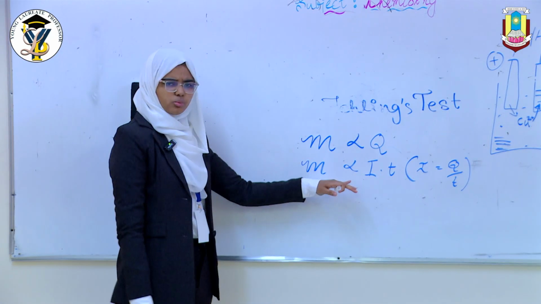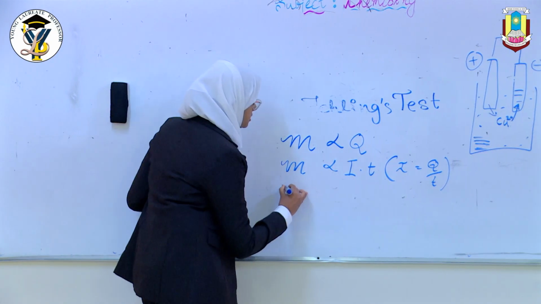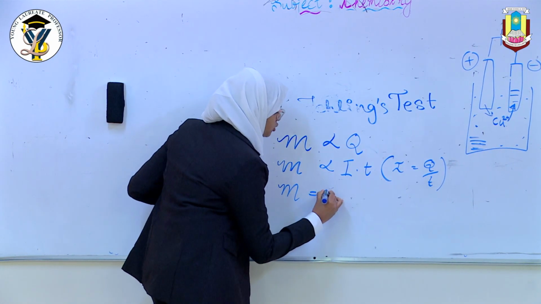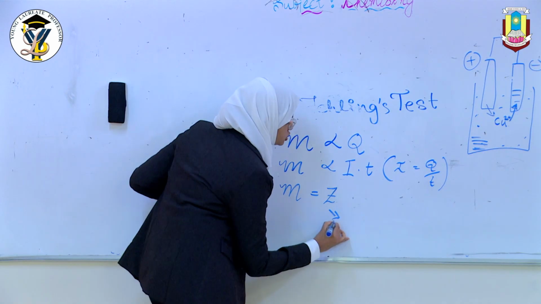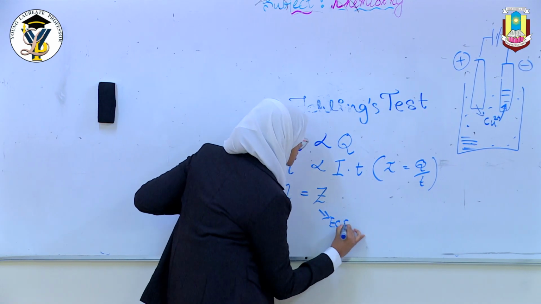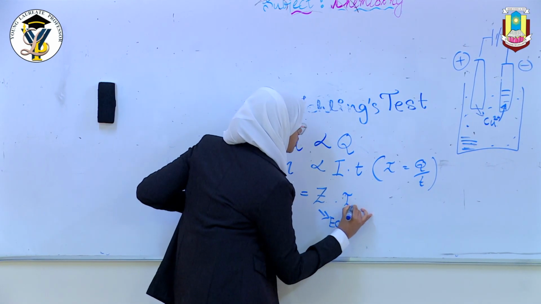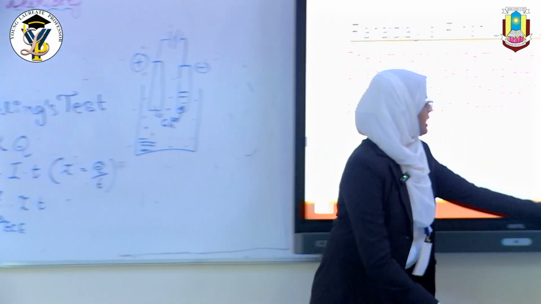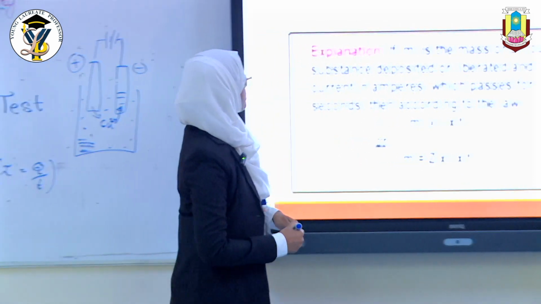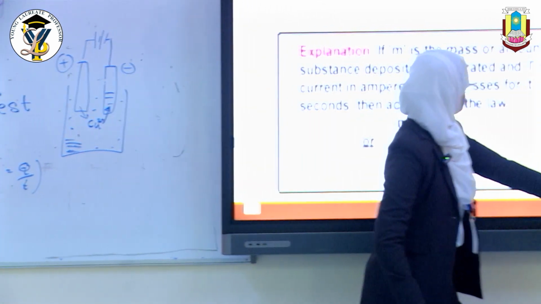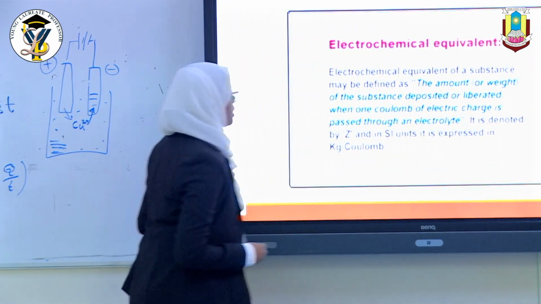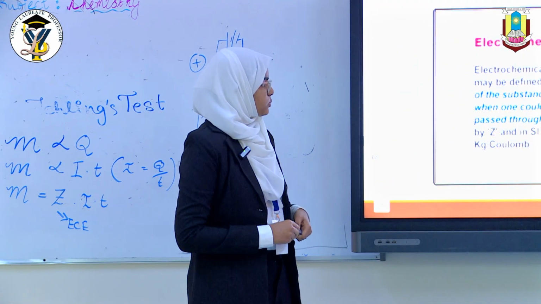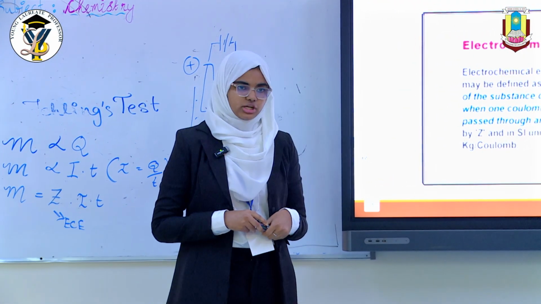We can remove this proportionality symbol by using a proportionality constant called the electrochemical equivalent. We can define this electrochemical equivalent as the amount of the substance deposited or liberated when 1 coulomb of charge is passed through an electrolyte.